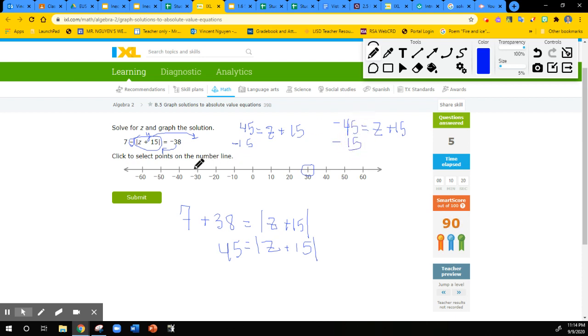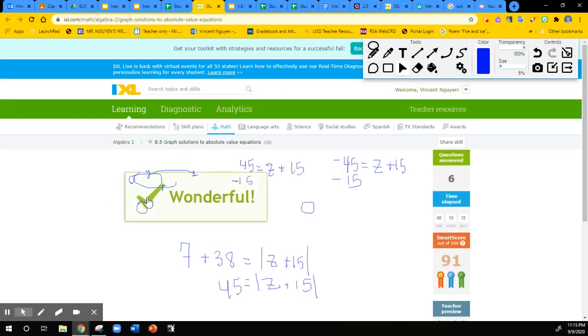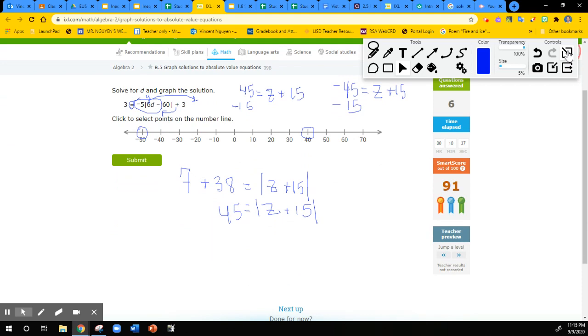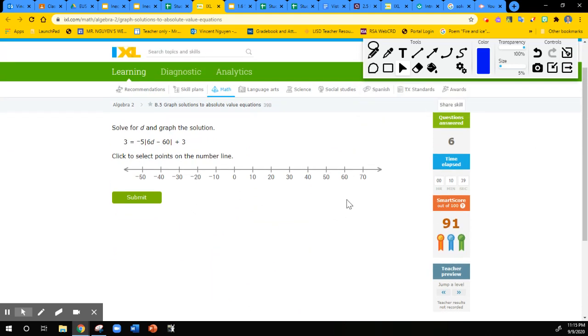So this is actually going to be negative 60, rather, right? Negative 45 plus negative 15 is negative 60. So those are my two solutions that I'm going to graph, one at 30 and one at negative 60. Submit. Yay. Okay, so I'm going to try one more, guys, and then this one is very involved.